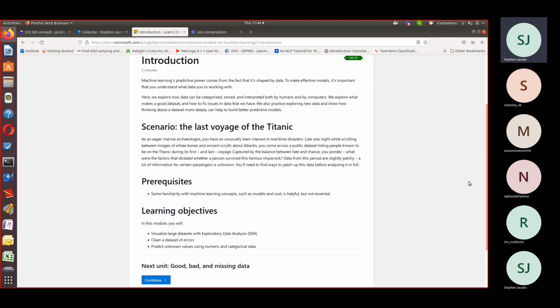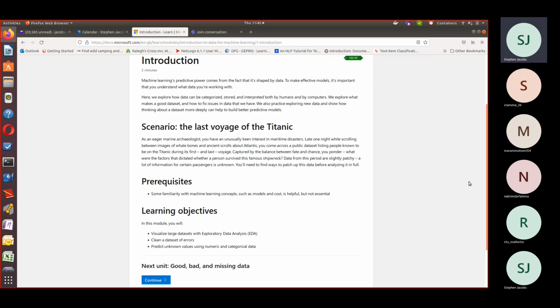Captured by the balance between fate and chance, you ponder, what were the factors that dictated whether a person survived this famous shipwreck? Data from the previous period is slightly patchy. A lot of information for certain passengers is unknown. You'll need to find ways to patch this up before analysing in full. So there's missing values that aren't in a sensible range, and so on.